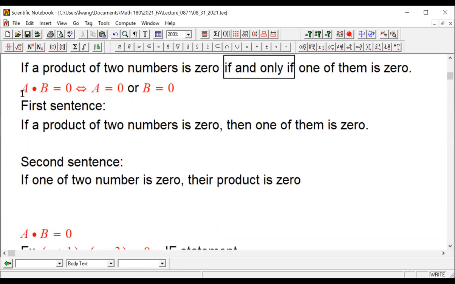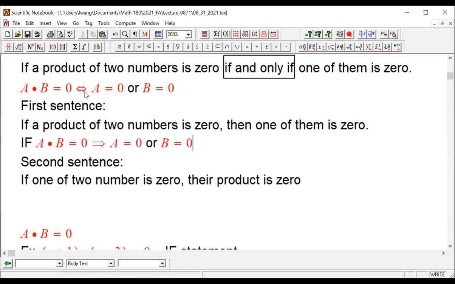So the first sentence says if a product of two numbers is 0, say if A times B is 0, then, in shorthand notation, I'm going to use an arrow, then A is 0 or B is 0.